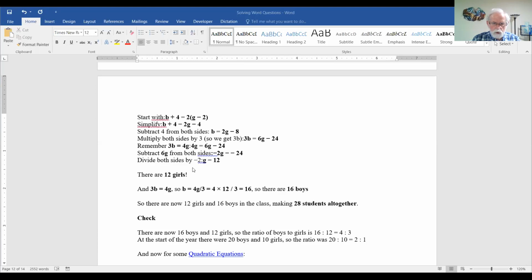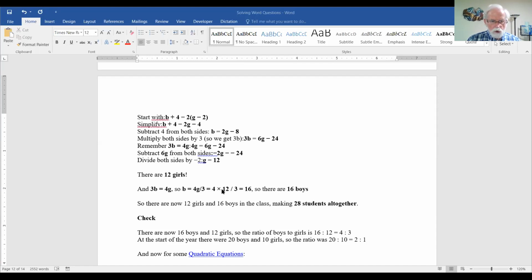Okay. So if 3b equals 4g and g is 12, we know that b is 4g over 3. We can rearrange that, dividing both sides by 3, and then just substitute 12 for g.